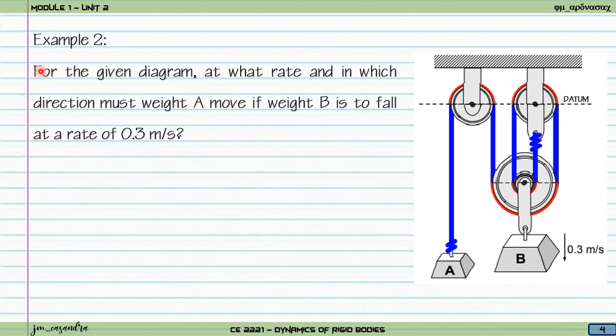So for this problem, we now have the number of segments equal to 9.